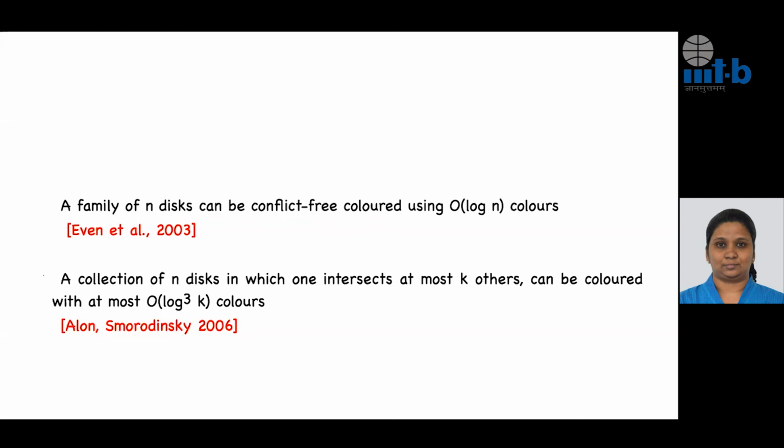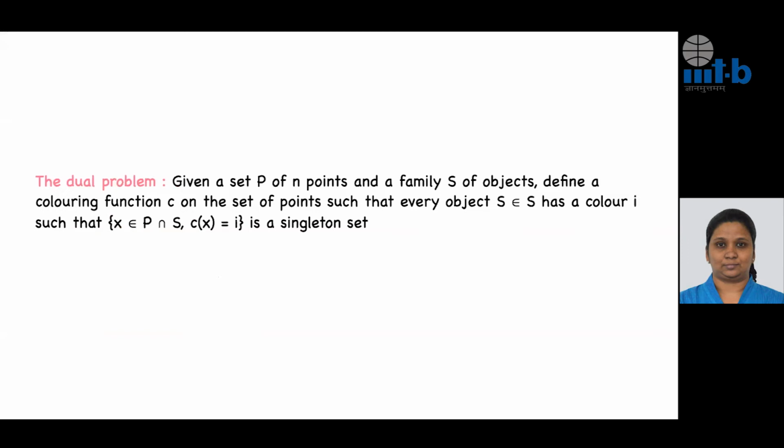Also, related to the disk problem, a dual problem was studied. So remember, for the last problem, we considered the disks as vertices, and the hyperedges were defined by points, the disks containing a particular point. In the dual problem, we consider points.